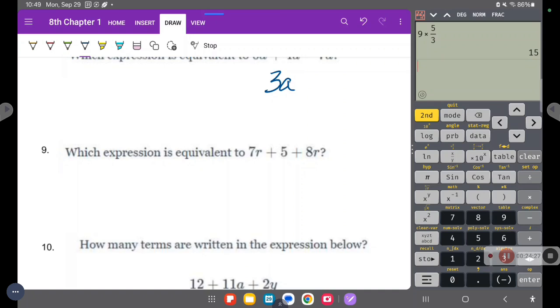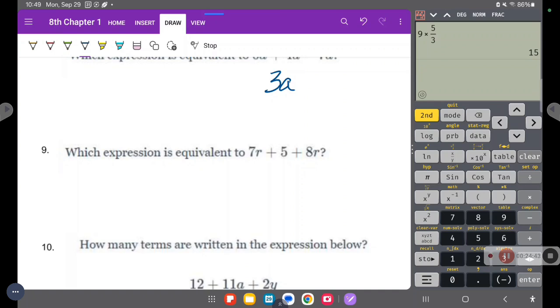All right, Jonathan, what's the answer to number 9? Charlie, is the final answer 20R? Is that what you were saying?